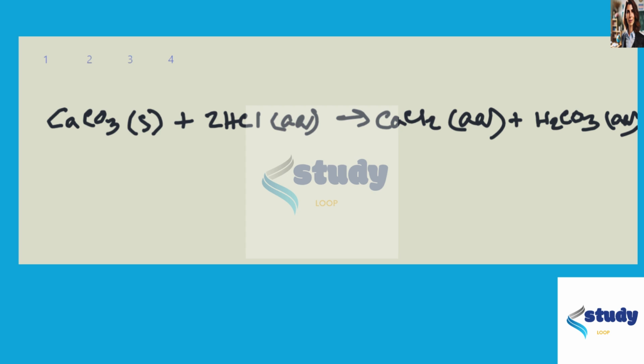Now from here you can see that 1 mole of calcium carbonate reacts with 2 mole of HCl. So we can write 2 mole HCl is identical to 1 mole calcium carbonate.